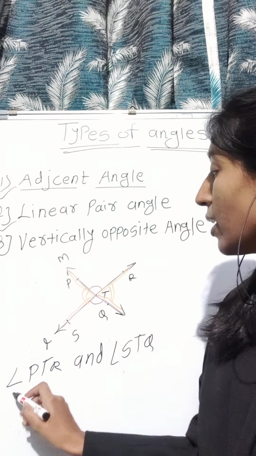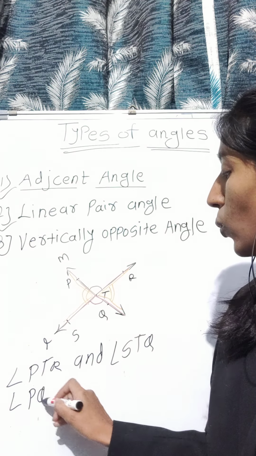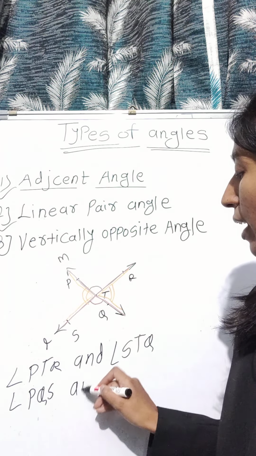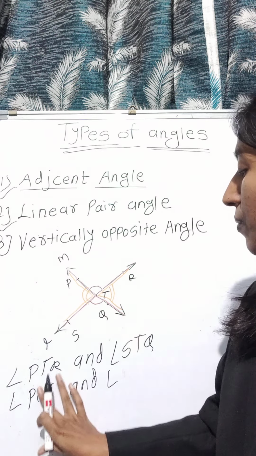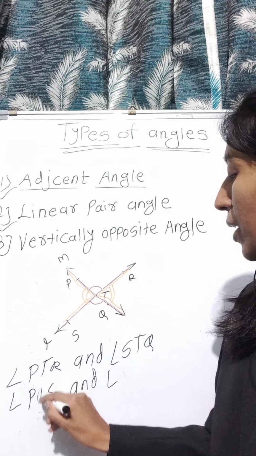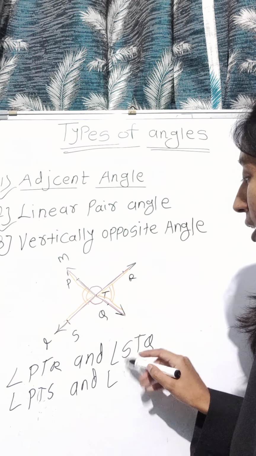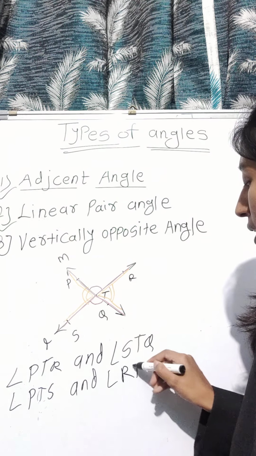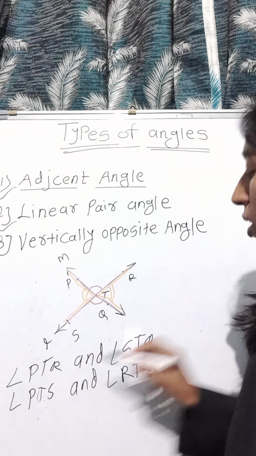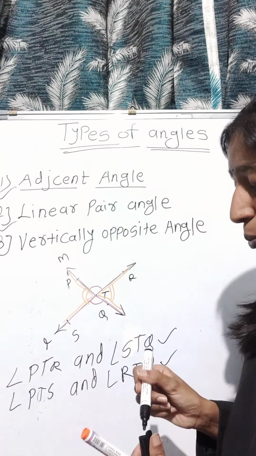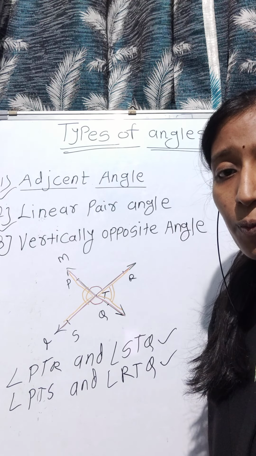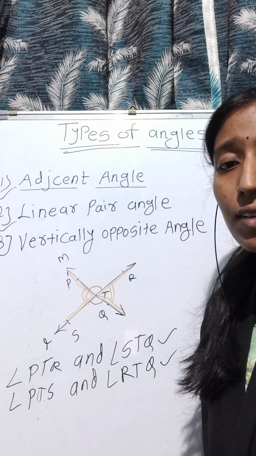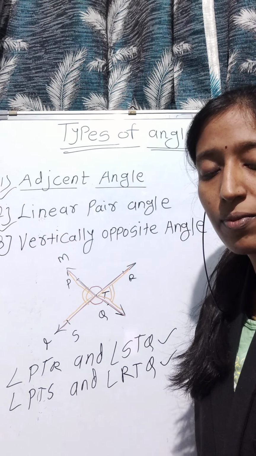And the second pair is angle PTS and angle RTQ. So these are the two pairs of vertically opposite angles. Hope everyone is understanding what I am trying to tell you. The remaining concept we will see in the next lecture. Thank you.